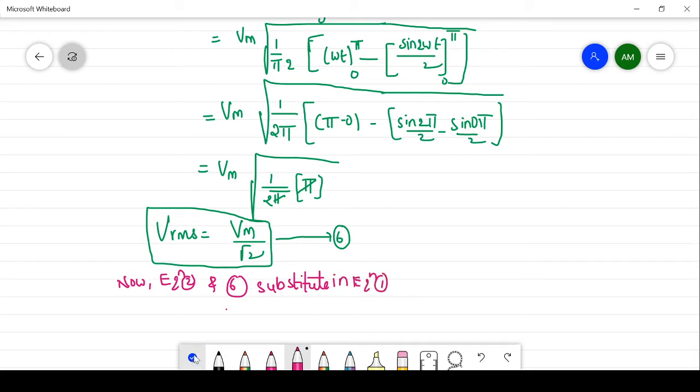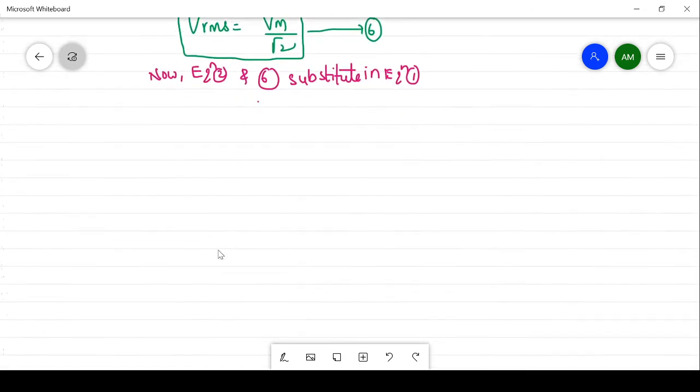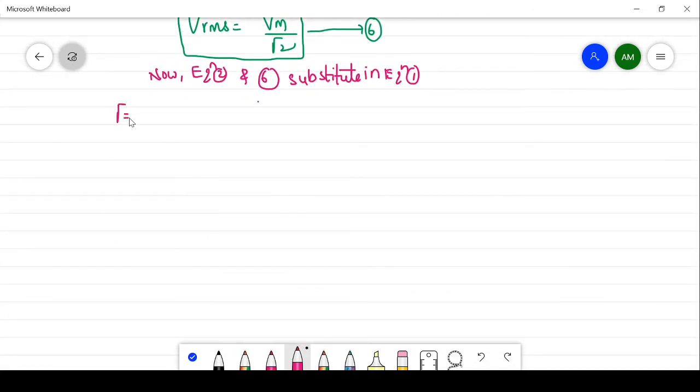Then we can get the ripple factor here. So finally the ripple factor is equal to root of (Vrms value is Vm by root 2, whole square, by Vdc value 2 Vm by pi, whole square) minus 1 here.